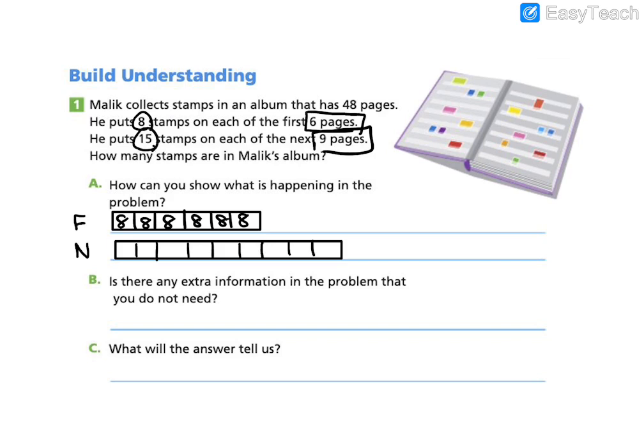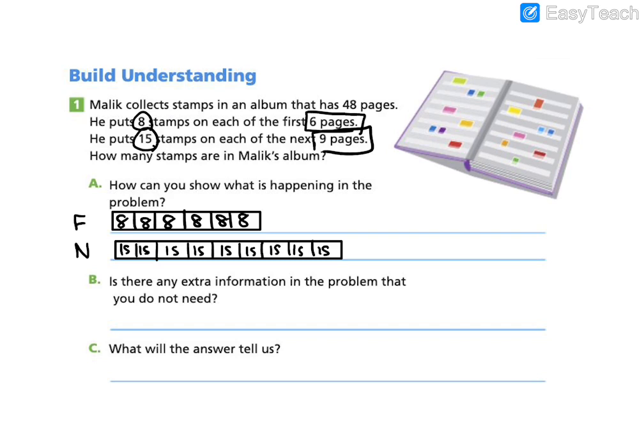And this one, he puts 15 stamps on each of those pages. So the problem is asking us how many stamps are in the album. It only gives us information that there's a first section and a next section of pages. So in total, we know about 15 pages in the album, which leads us to letter B.